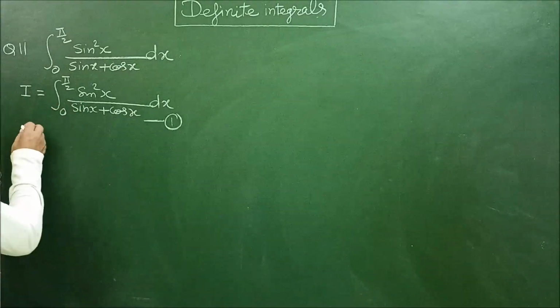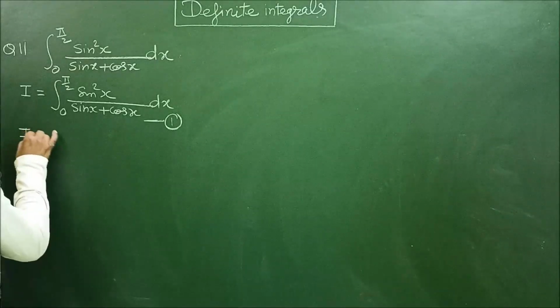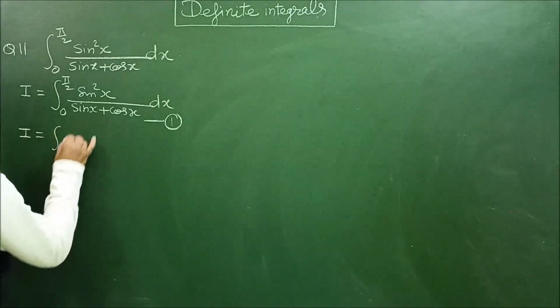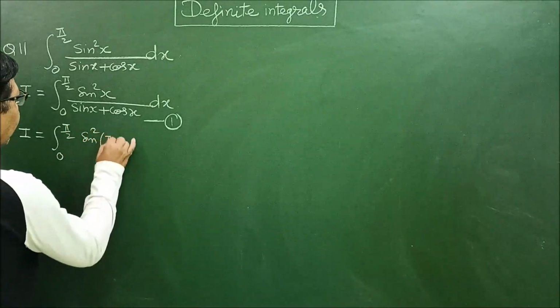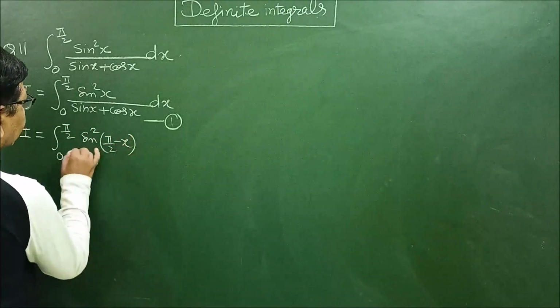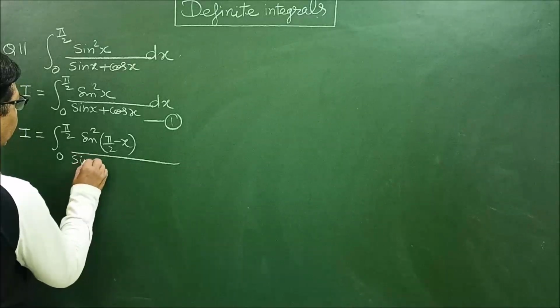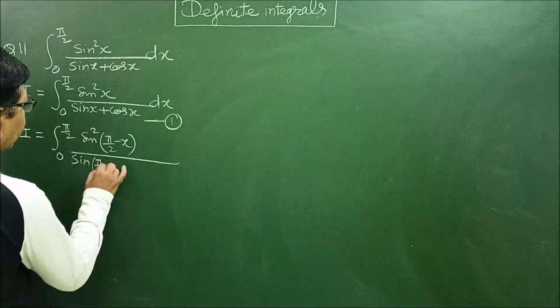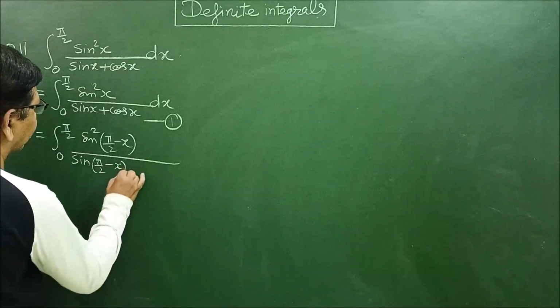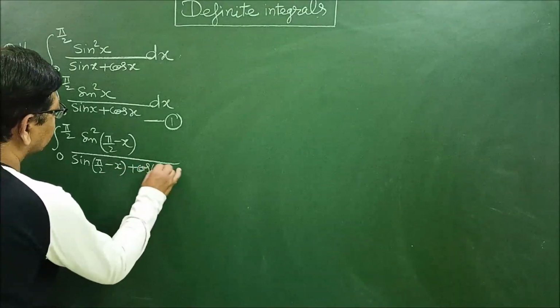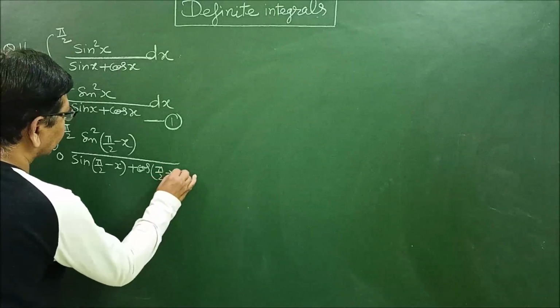So I is again equal to the integral from 0 to pi by 2 of sin square, replacing x by pi by 2 minus x, means a function with pi by 2 minus x will have the same value as the function with x. So sin square of pi by 2 minus x upon sin of pi by 2 minus x plus cos of pi by 2 minus x dx.